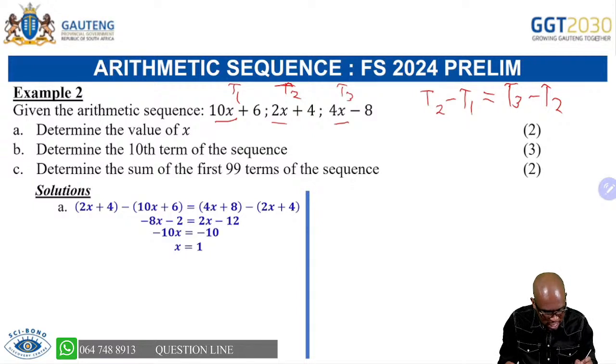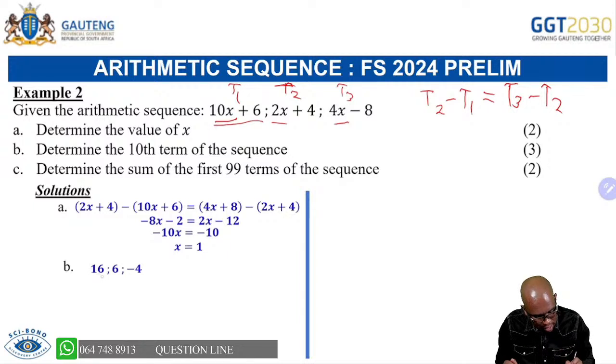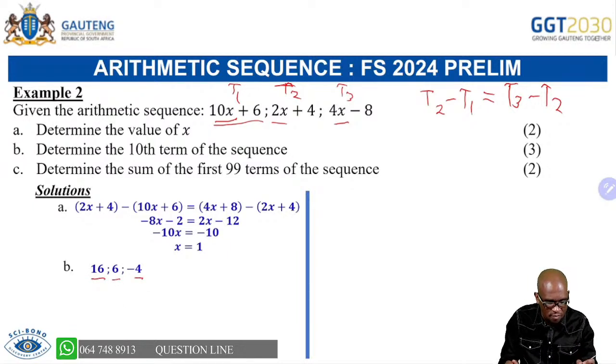Now that we've solved for x, we can determine the 10th term of the sequence. How do we do that? We need to substitute back x so that we can get our terms as numerical values rather than values containing variables. This is the sequence where we substitute x: the first term is 16, the second term is 6, the third term is negative 4.